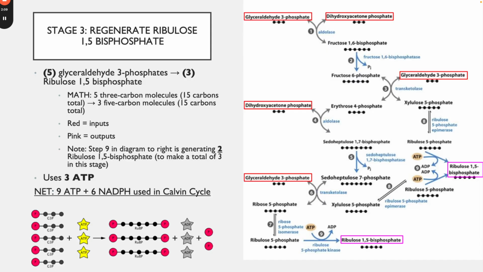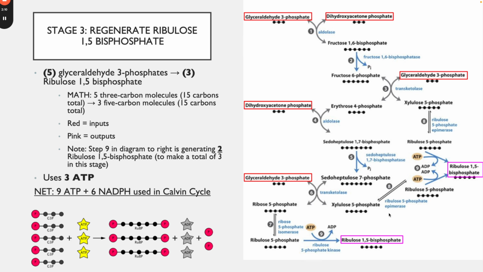So I'll talk about the regeneration. No, you don't have to memorize the enzymes. Don't do that, please. That's just going to be a waste of your time. What I will emphasize is know the red rectangles and the purple rectangles on this slide. What I mean is just count the number of red rectangles there are. There's 5 3-carbon molecules that go into this regeneration phase. And then what we get out are 3 5-carbon molecules.